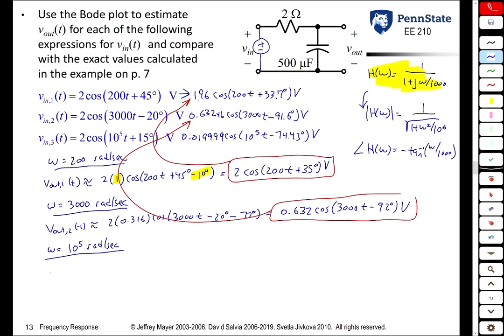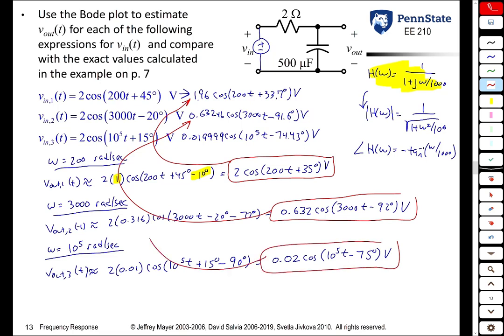So the third estimate, V out sub 3, is approximately equal to 2 times 0.01 cosine of 10 to the 5th t plus 15 degrees minus 90 degrees, which is 0.02 cosine of 10 to the 5th t minus 75 degrees.